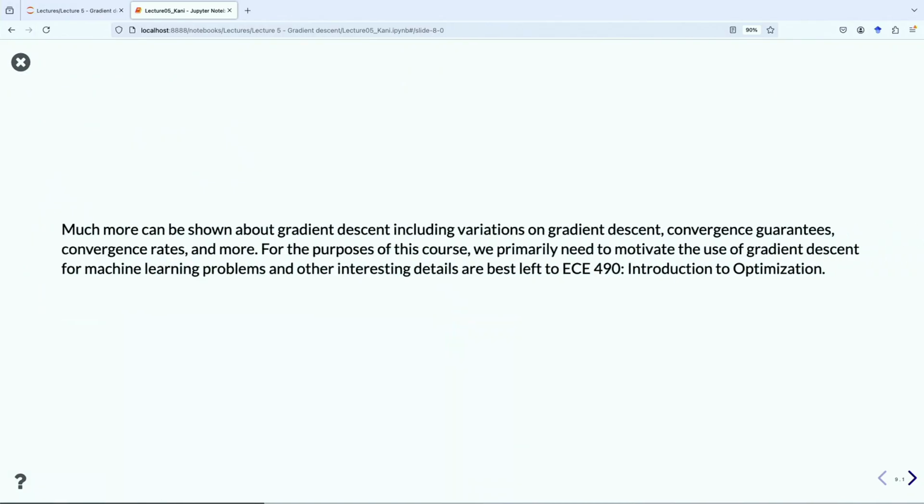Okay, yeah, so gradient descent has a lot of... there are entire textbooks written on gradient descent. I'm pretty sure at any major machine learning conference there's an entire section devoted to optimization algorithms.